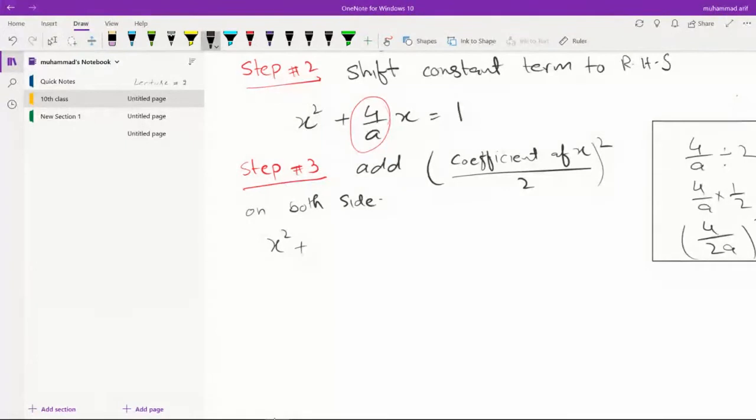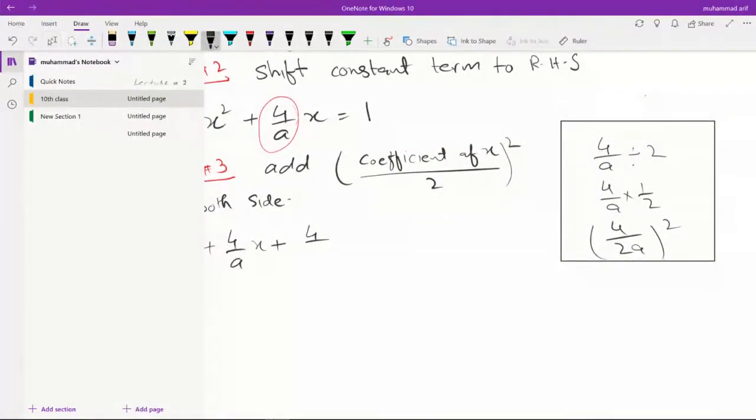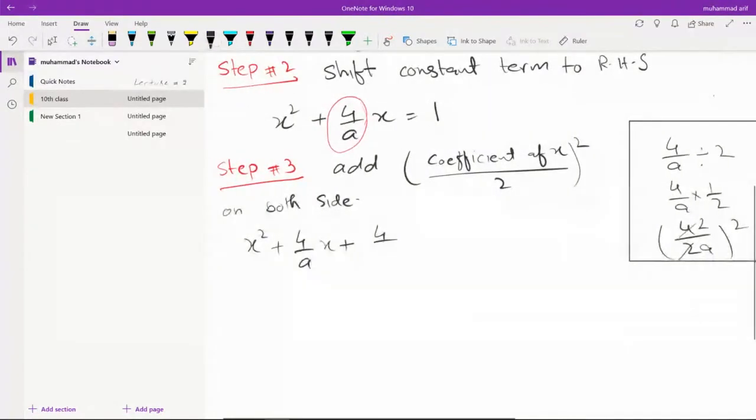X square plus 4 by ax plus 4 by 2a whole square equals to 1 plus 4 by 2a whole square. We can simplify it by cancelling 2 by 2: 2 cancelled by 4 and we have only 2.